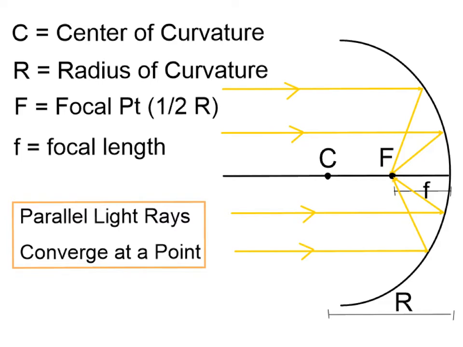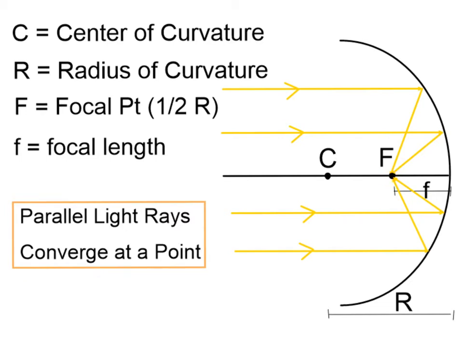The distance between that focal point and the surface of the mirror is called the focal length, and it's denoted with a lowercase f. If an image is being reflected, the focal point would be the place where that image is sharp and clear. At distances here and here, the image would become blurry, but the focal point would be where it is clear.